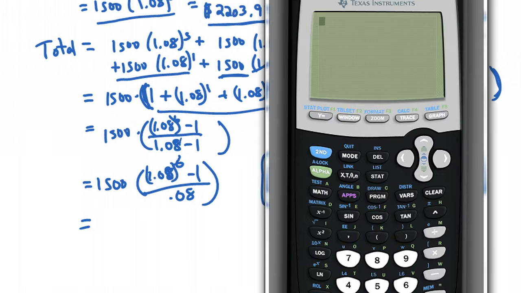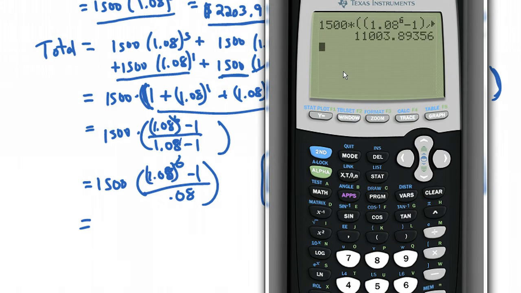Now we could figure this out. Let's type this into a calculator. We have 1500 times, and we have to be a little bit careful about our parentheses here. In the numerator I might need to put another parenthesis: 1.08 raised to the 6th, minus 1. End the parenthesis, then divided by 0.08, and end this parenthesis.